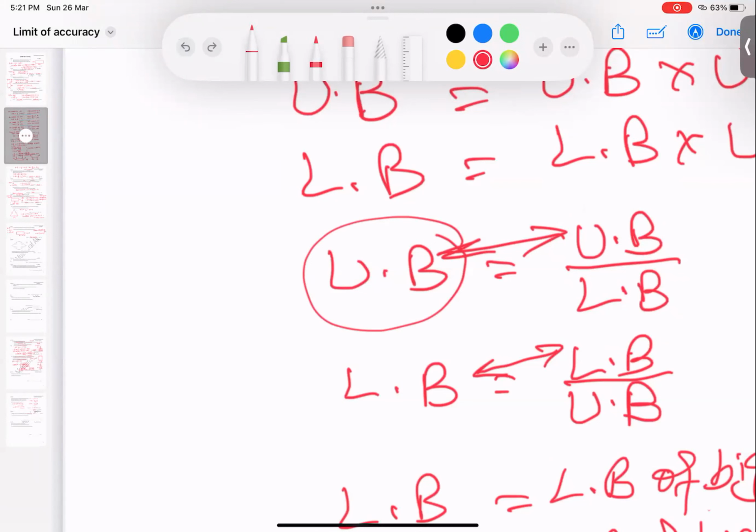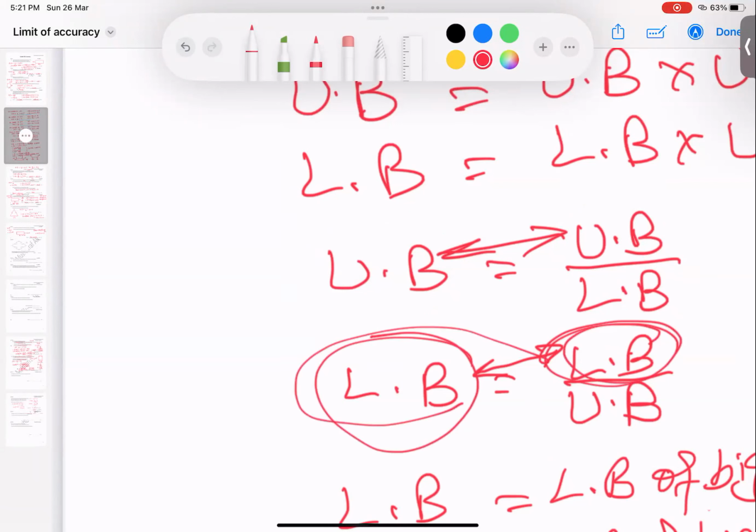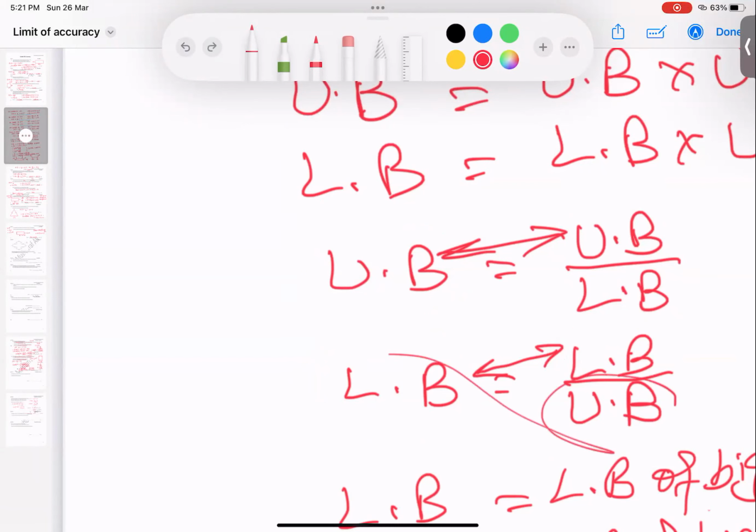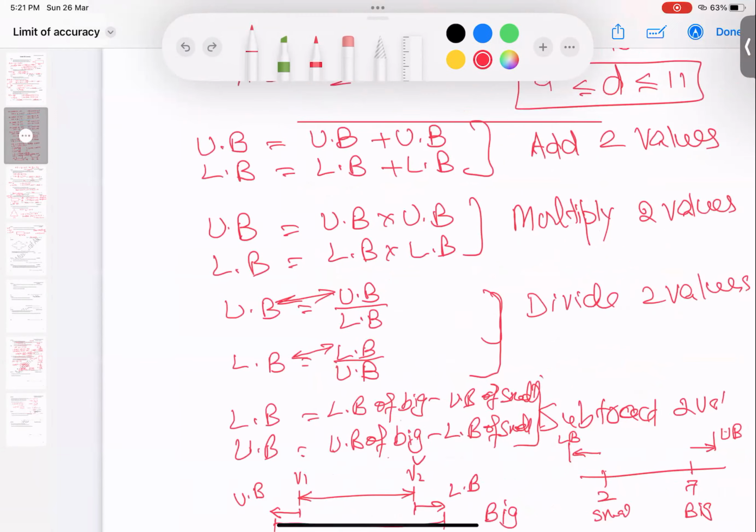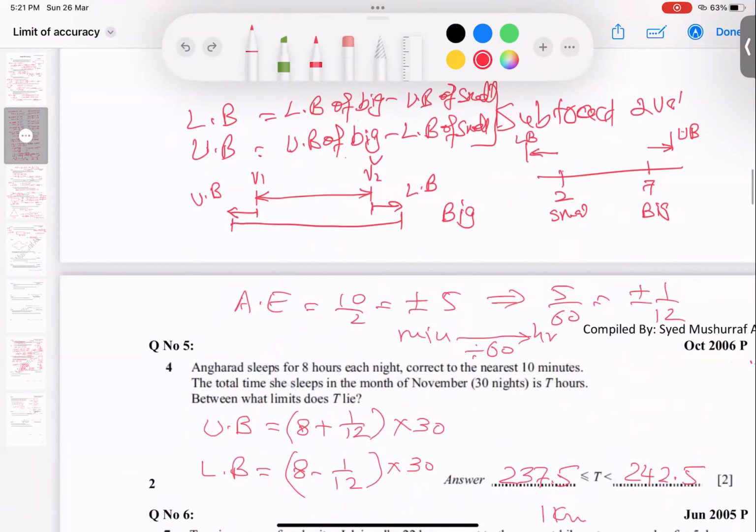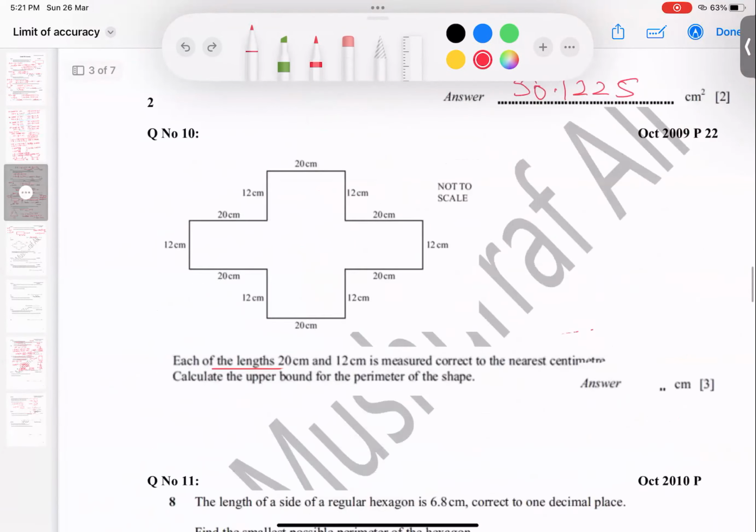Similarly, when I'm looking for the lower bound, the numerator must be the lower bound and the denominator must be the opposite. Now I hope you got this basic idea to some extent. Let's start some questions. Otherwise, you will not understand.